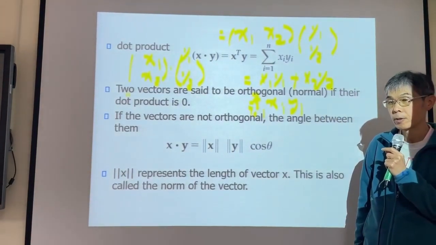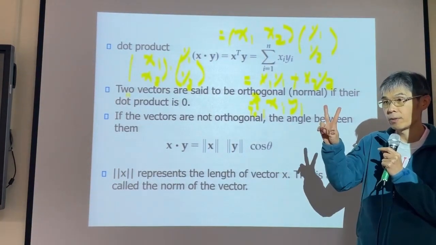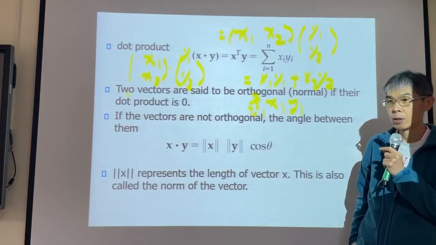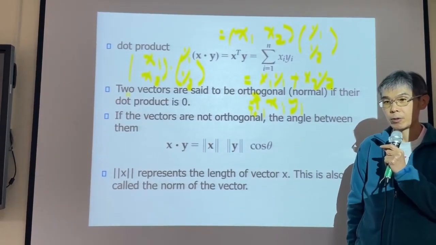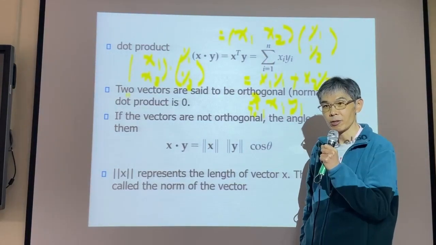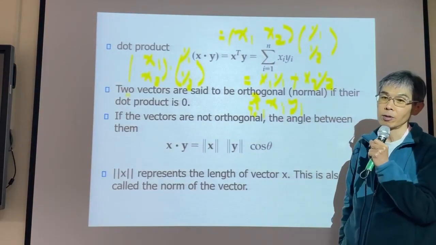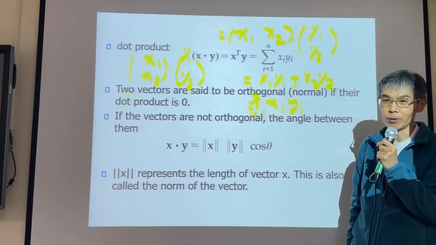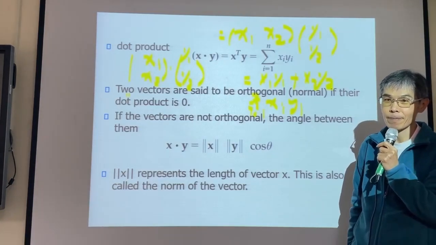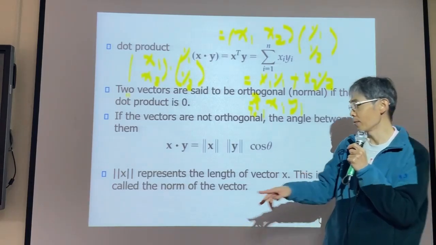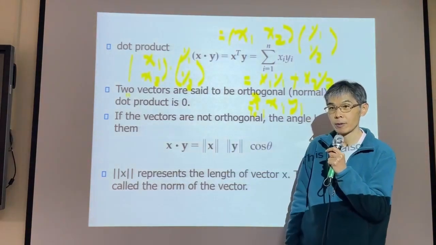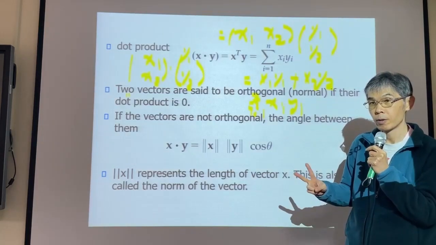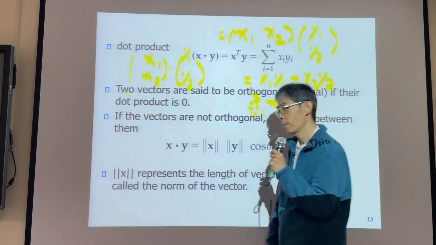Norm of the vector. We have two names: one is norm, length. Good. So maybe you need some time to get yourself comfortable in the classroom. Okay, what are the two names for this symbol?